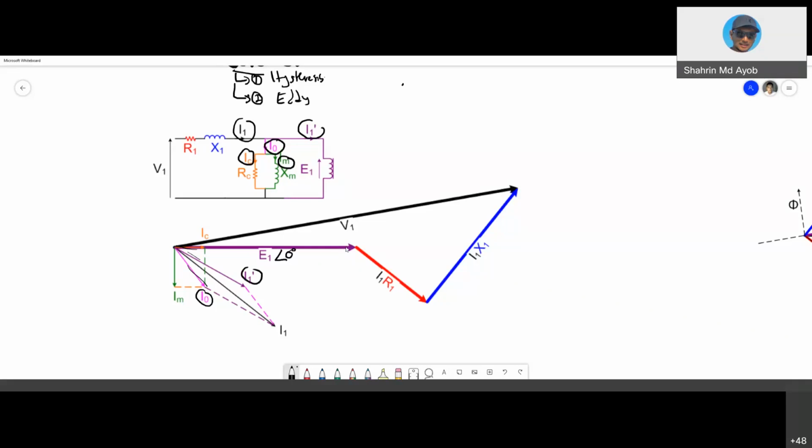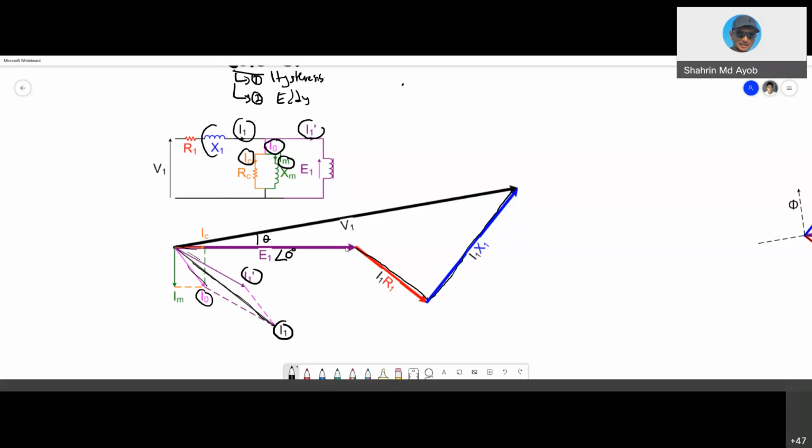So I1 prime plus I0 gives us I1. I1 multiplied by R1 gives the voltage drop, represented by this red line, and then I1 X1 is represented by this line. The total voltage due to these vectors will be V1, and as you can see, there is an angle difference between the voltage source and the voltage induced.